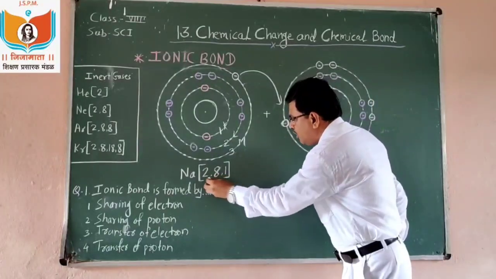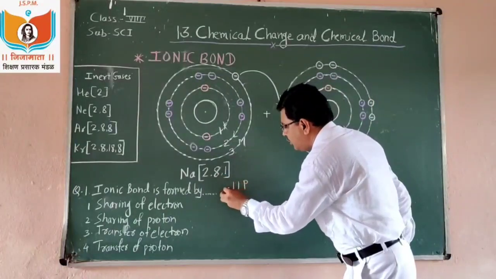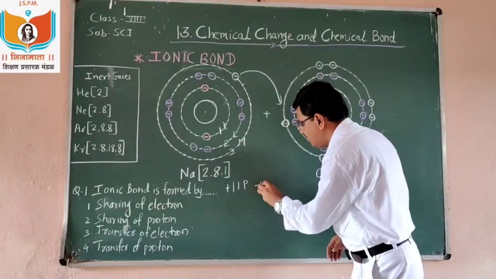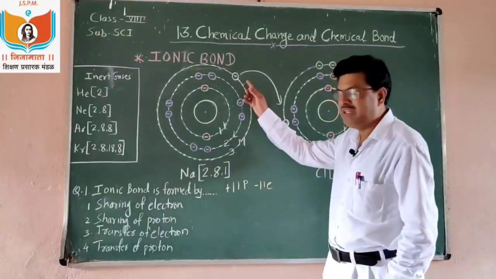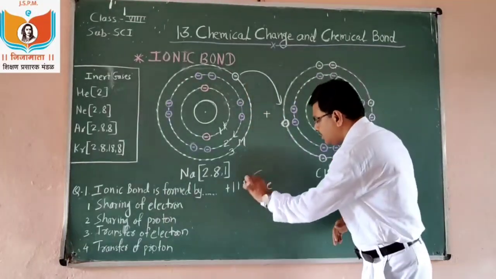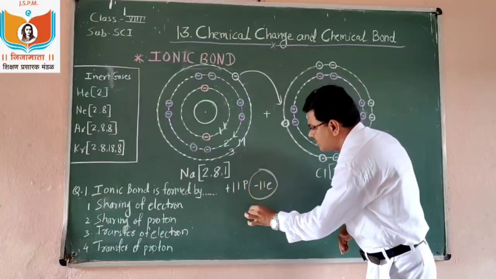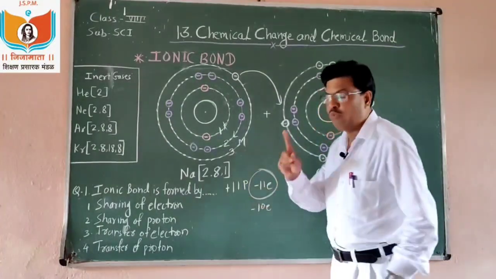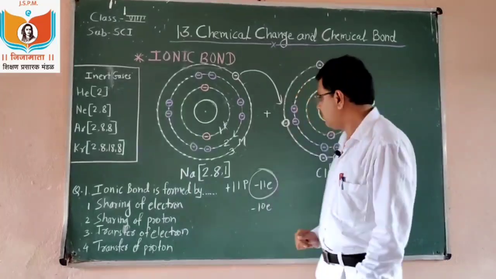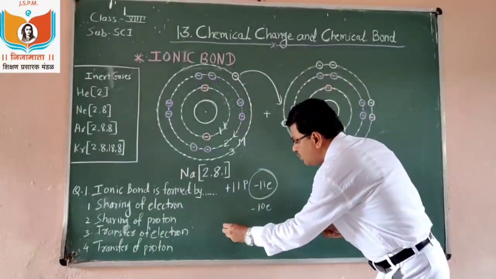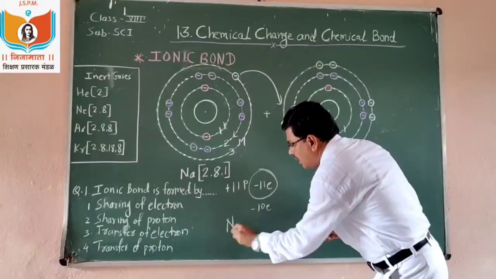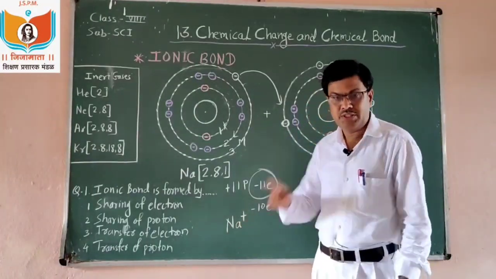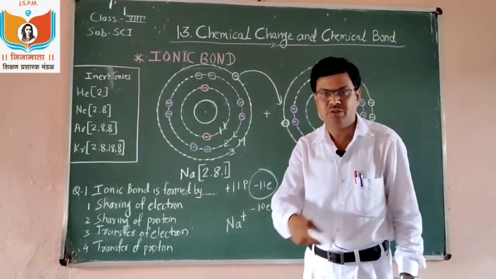At first, the number of protons is 11 in sodium, and the number of electrons is also 11. But after losing 1 electron, this number becomes 10. So there is 1 positive net charge, and due to this, a positively charged ion of sodium is formed, and this positively charged ion of sodium is called a cation.